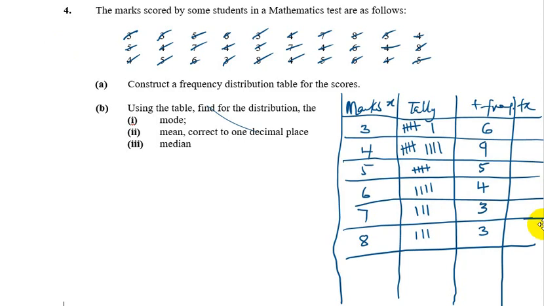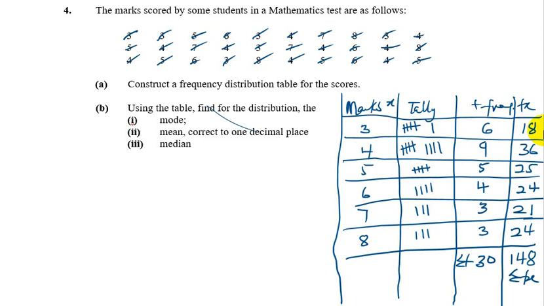So 6 times 3 gives us 18, 4 times 9 is 36, 5 times 5 is 25, 6 times 4 is 24, 3 times 7 is 21, 8 times 3 is 24. So if we add all the fx, we are getting 148. And if we add all the f, we are getting 30. So the 30 becomes the number of students in the class. This is sigma f, and this is sigma fx.